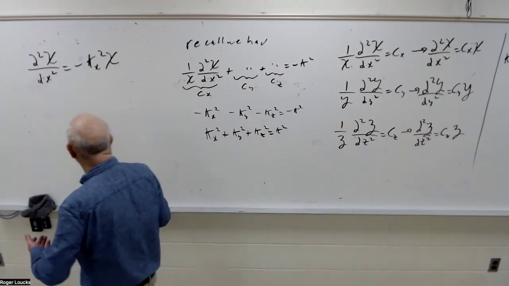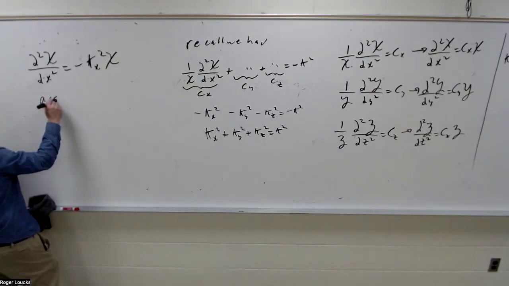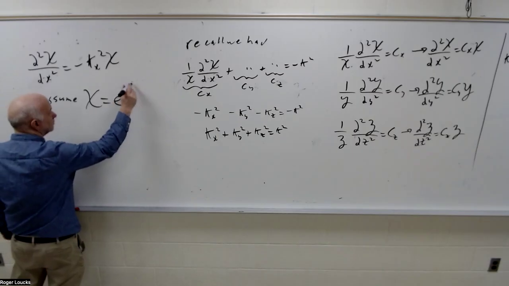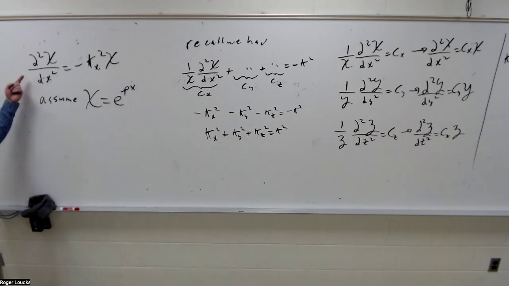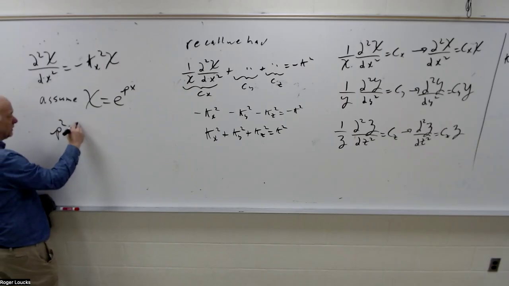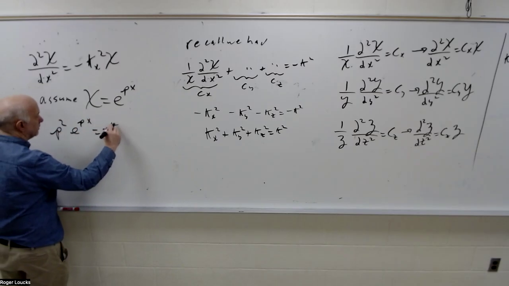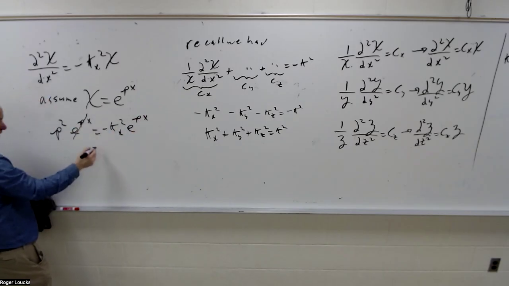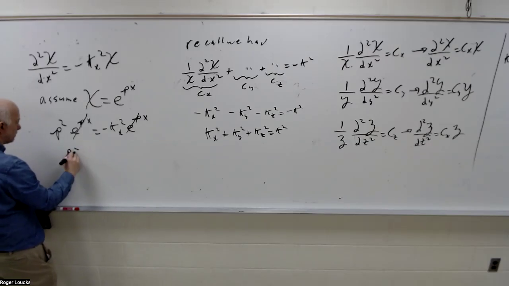Exactly. So we're going to assume our big X here is this e to the px. If I take two derivatives, I get this p squared e to the px, and I get this guy here. They cancel. So tell me what p is.